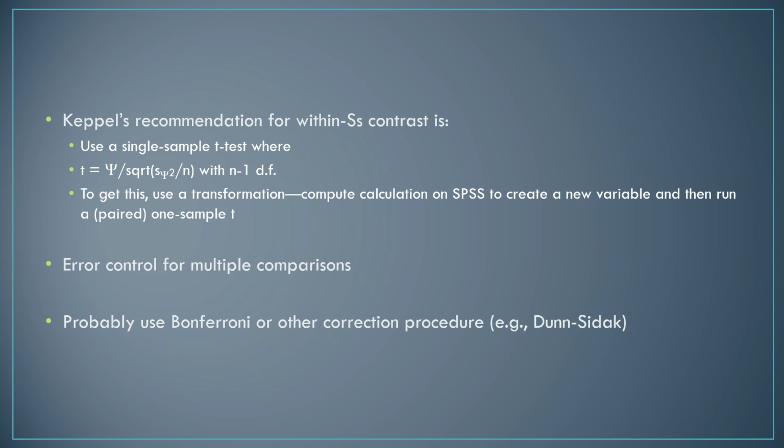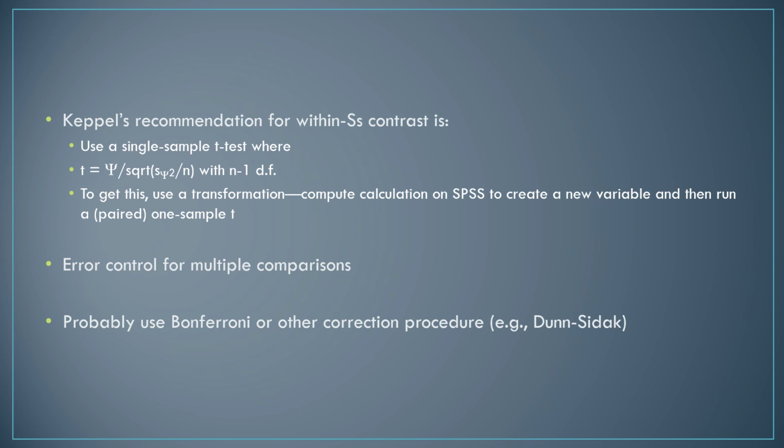So typically Kapel's recommendation for within subjects contrasts is to use a single sample t-test. So where you're just using a paired sample t-test to be able to do this comparison. And you simply can just run that calculation in SPSS or any statistical software you're using.